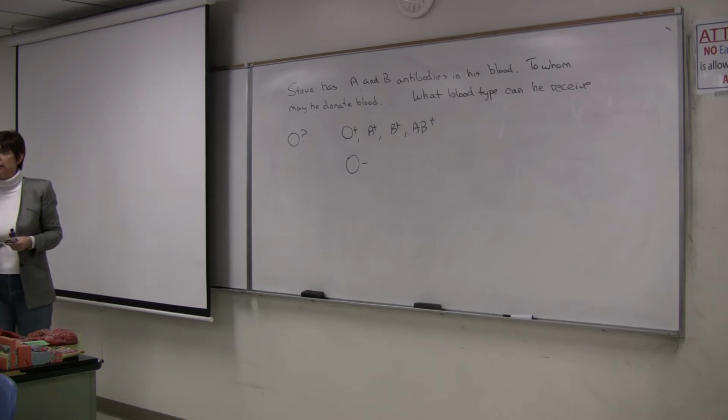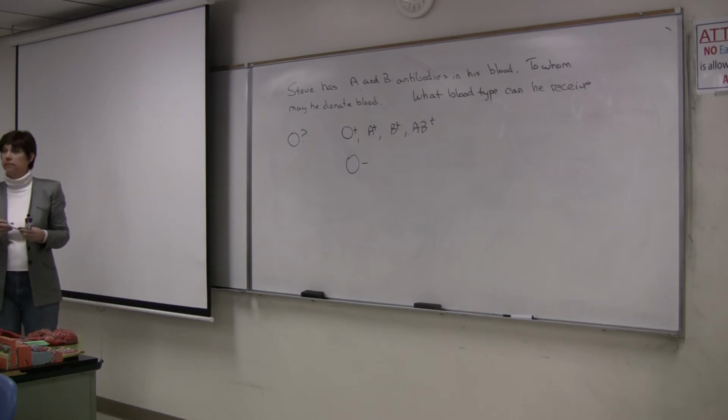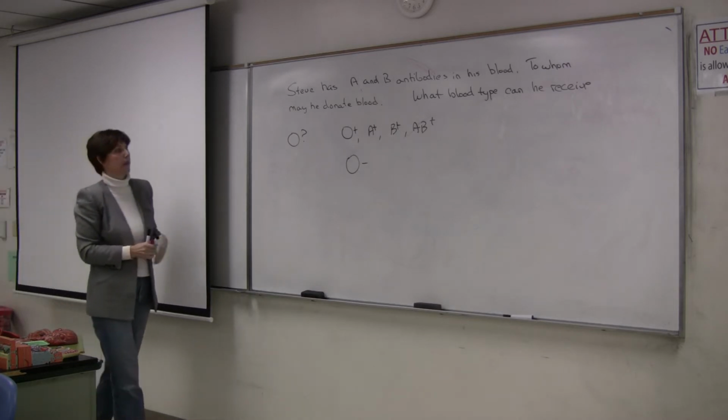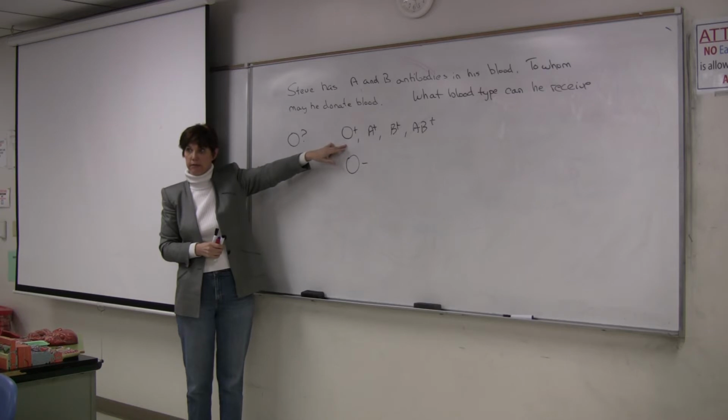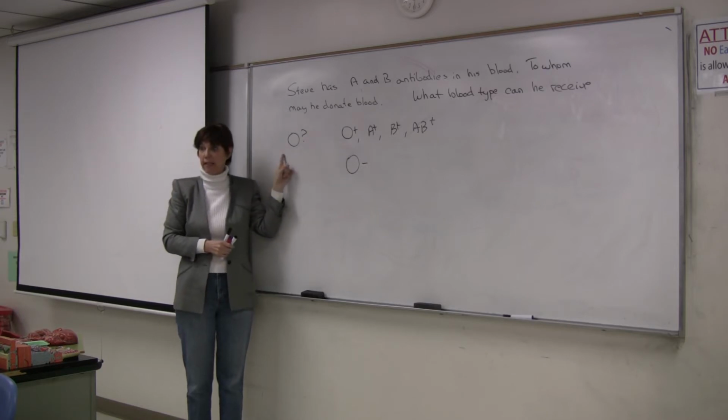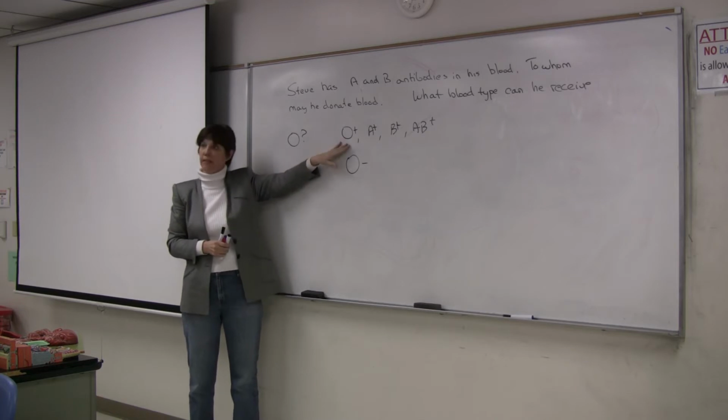But if we know that he has O blood, we're not sure what type, then he can donate only to positive. Because if he's O negative, that's a universal donor. Donating O negative to positive isn't going to do any damage.